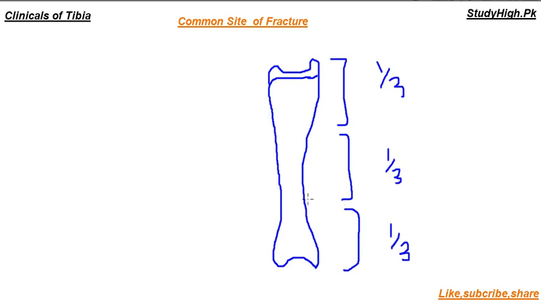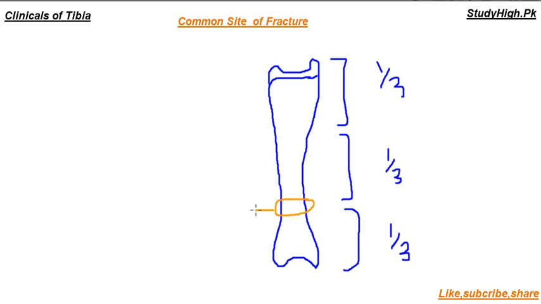This part at the junction of the middle one third and inferior one third is the weakest part of the tibia bone, or the common site of fracture for tibia, because it is the narrowest and its blood supply is very poor as compared to other parts of the tibia.